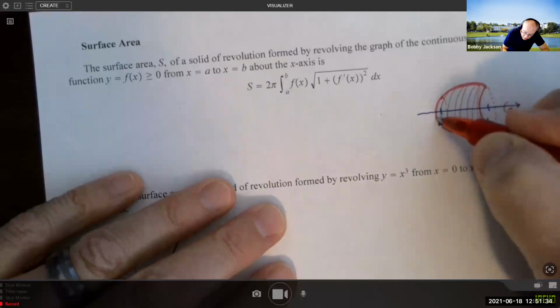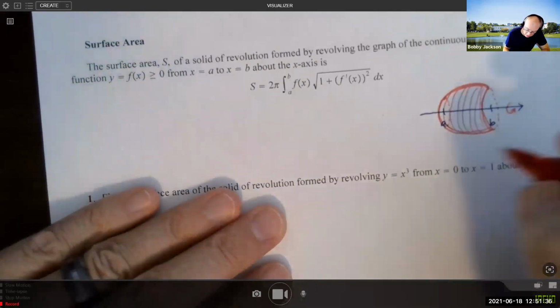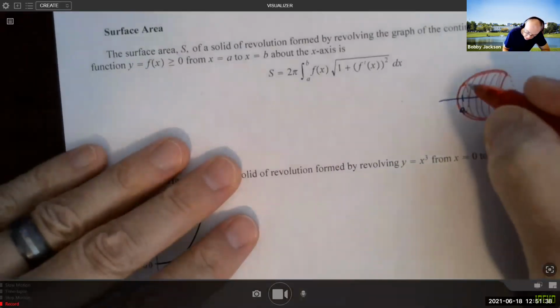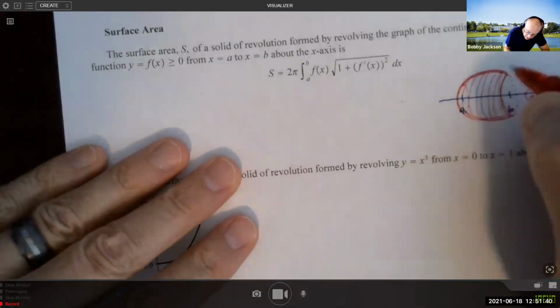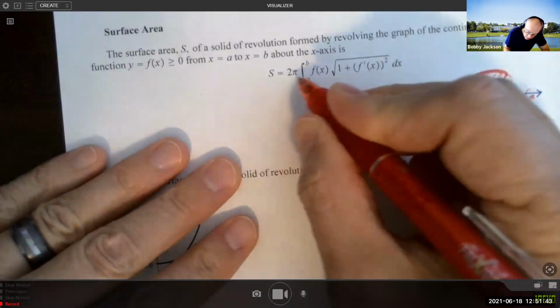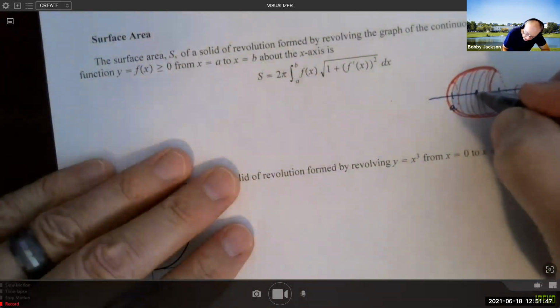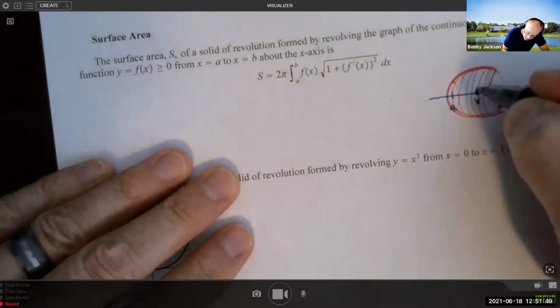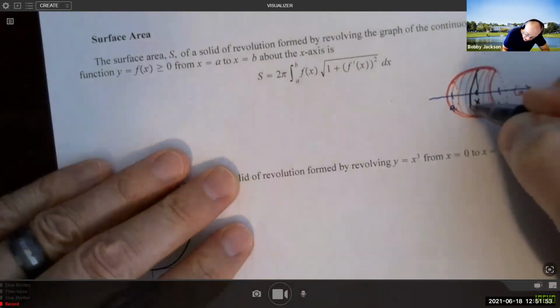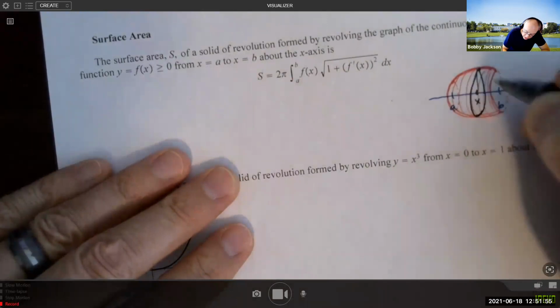Okay, going around. And so first of all, you've got the arc length, right? That's contributing here. What's this 2 pi f of x? Well, if you take at any point x, right, on the interval from a to b, and you do a little slice here, right? What are you going to get? You're going to get a circle, right?